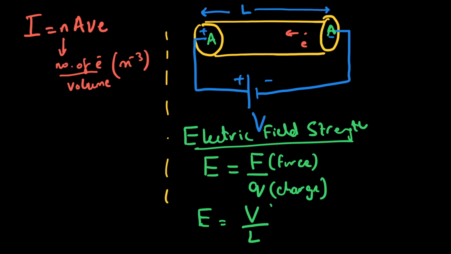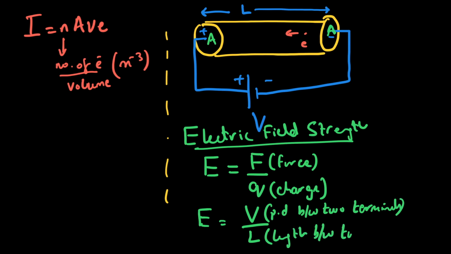V is the potential difference between the two terminals, and L is the length between the two terminals. The terminals are where the wire terminates.